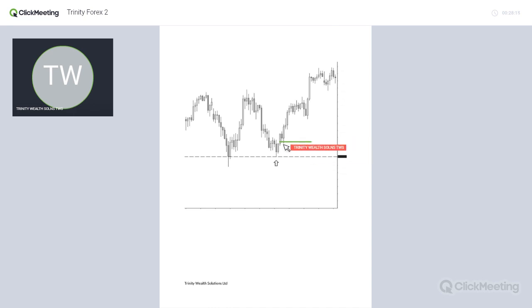Once we buy here, we place our SL just below the bottom of the first bottom of our W. That will be our entry. It's a buy entry. That's our SL.